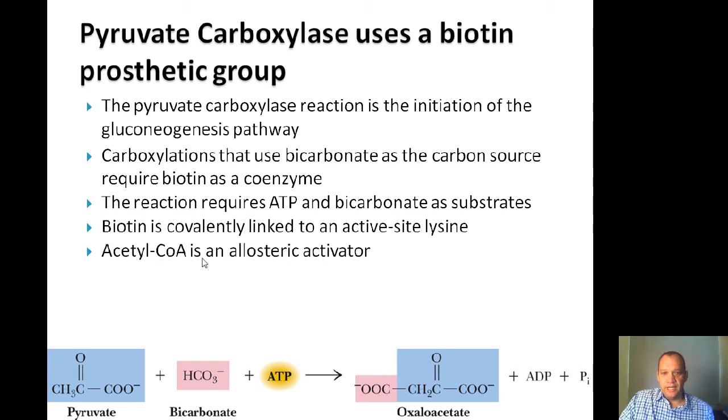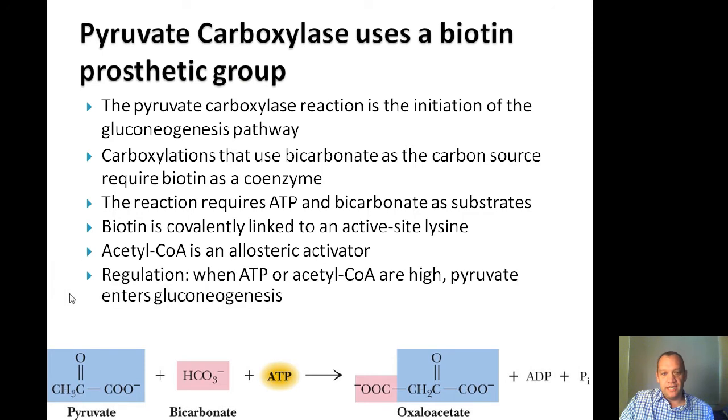Acetyl coenzyme A is an allosteric activator of this enzyme, and its regulation works as such: when ATP or acetyl coenzyme A are high, pyruvate enters gluconeogenesis. If you think about it, it kind of makes sense. If ATP is high, it means the cell has a high energy state.